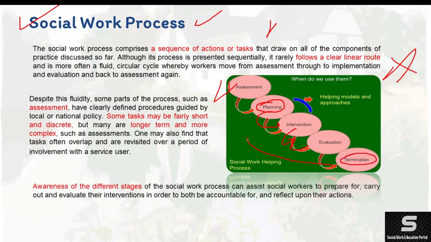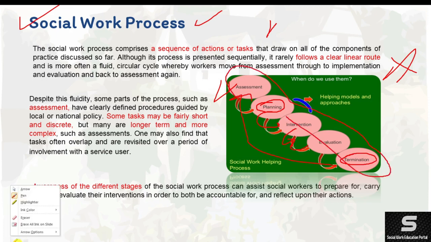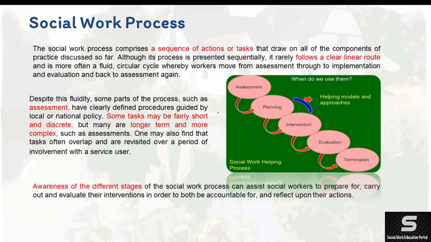So this is the whole process which is involved in the social work. So this is the process of social work which involves different types of tasks and actions like assessment, planning, intervention, evaluation, termination.